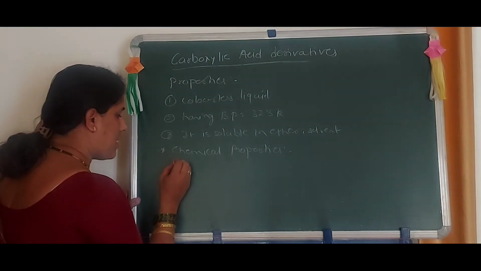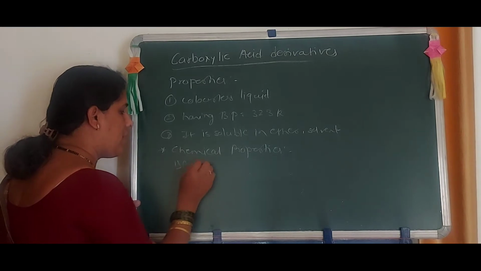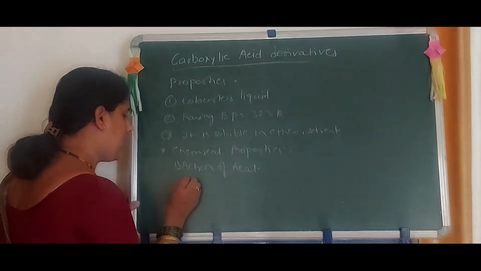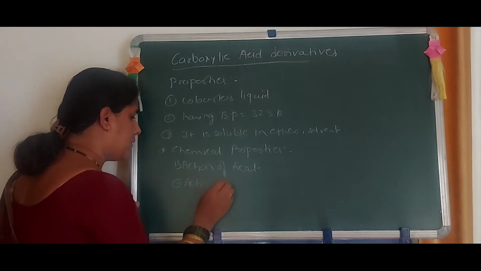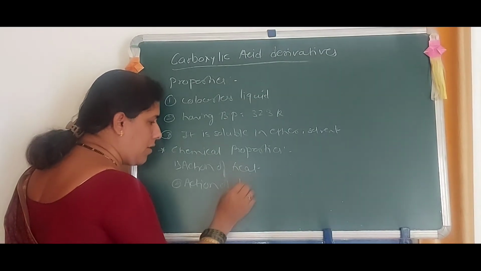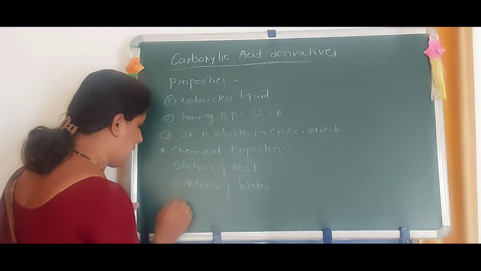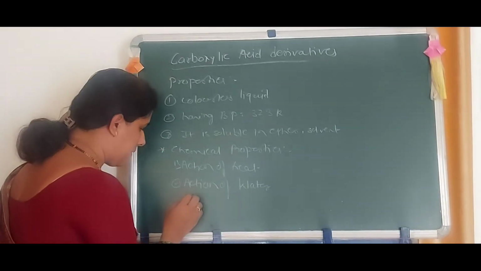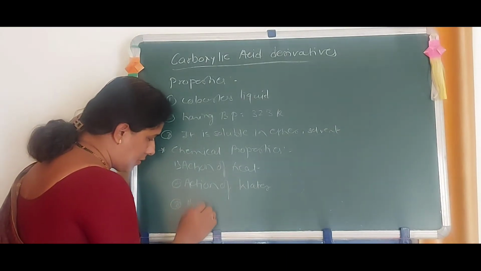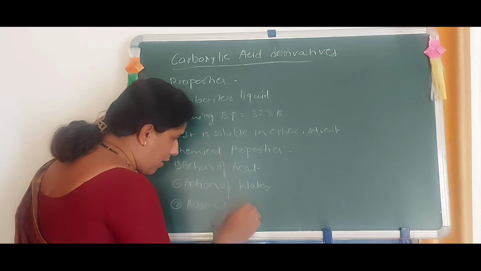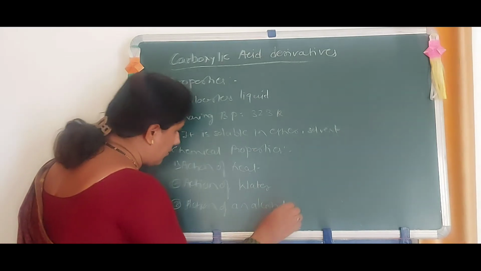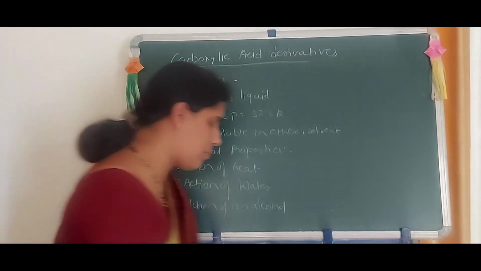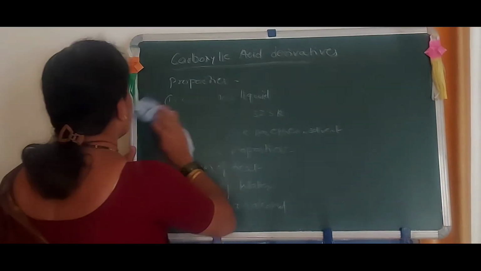The chemical properties are: first, action of heat; second, action of water; and third, action of an alcohol. In the action of an alcohol, we have to see its mechanism also, the formation of an ester.